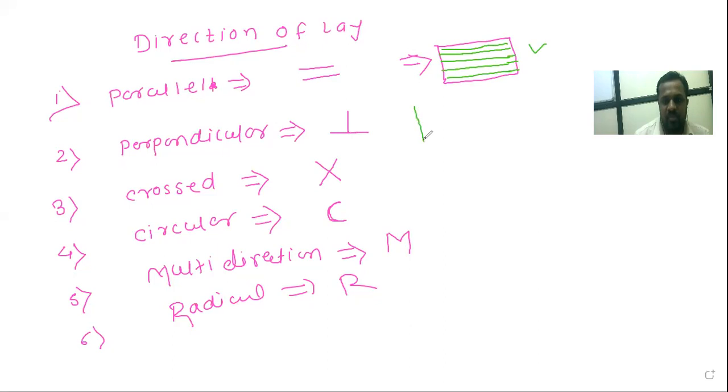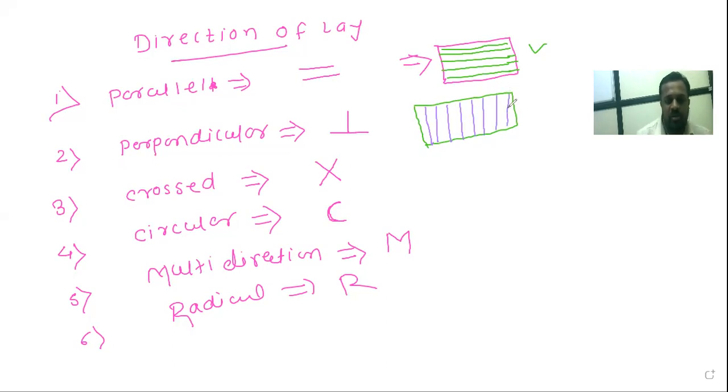Then how will the perpendicular be? For the perpendicular direction of lay, the direction of those irregularities will be like this. Okay.